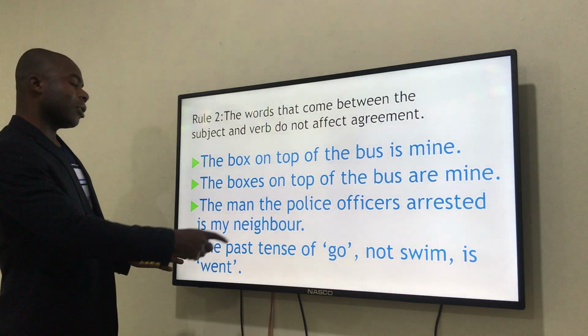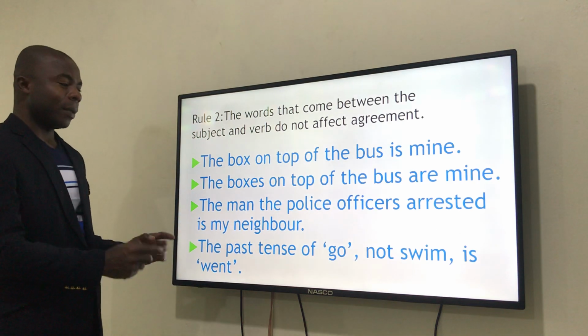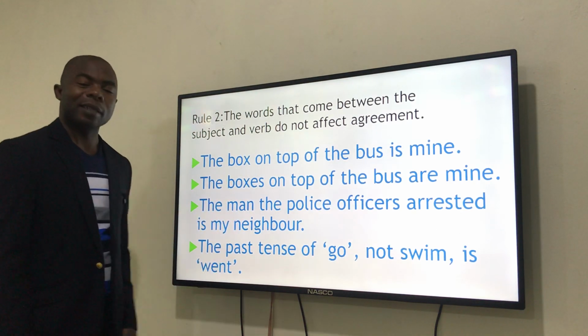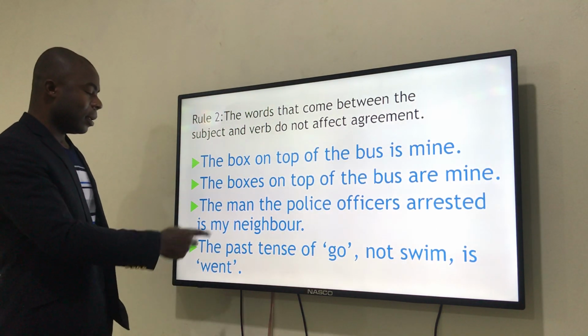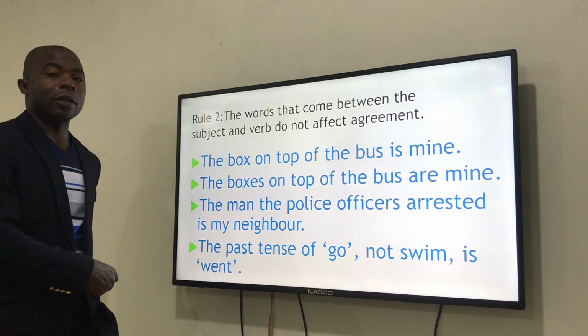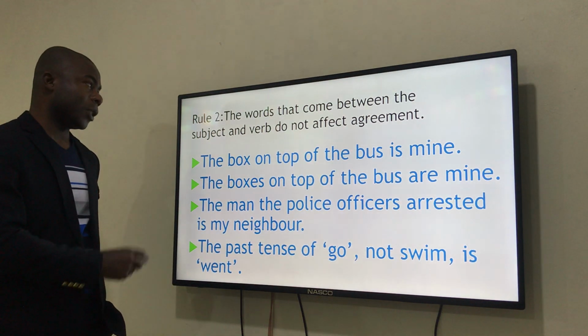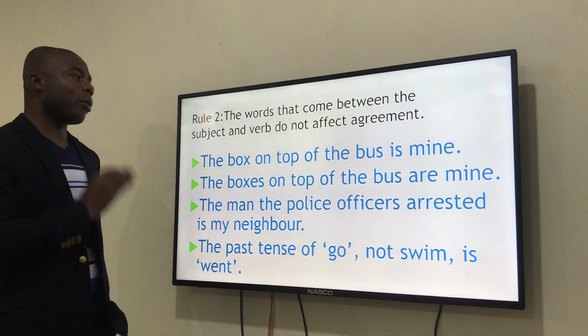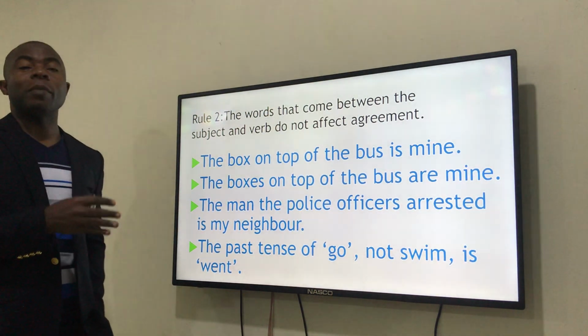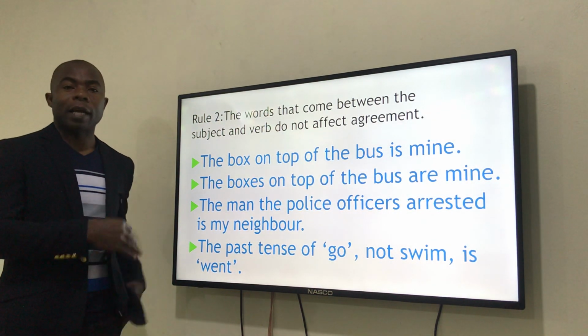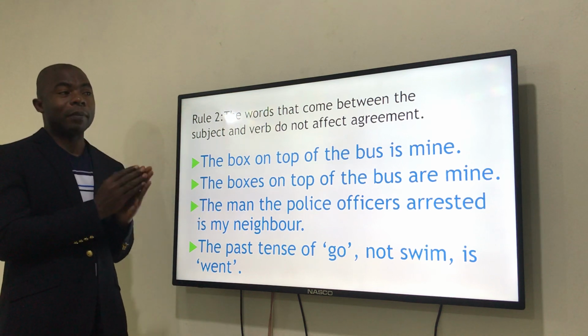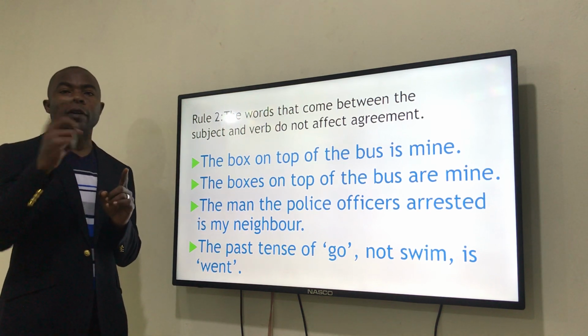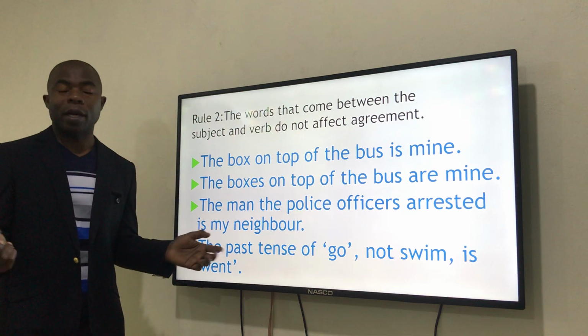So it will be the past tense of go is went, but "not swim" is just coming between the subject and the verb. So take note, do not worry about words or statements that come between the subject and the verb. Focus on what the subject is so you could match the verb with it in terms of number.